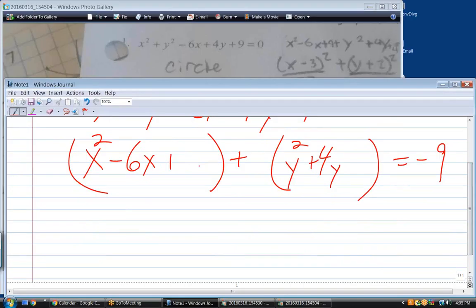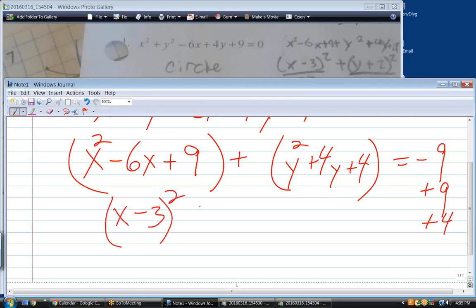What goes here? 9. Which means I have to add 9 over here. What goes here? 4. So I have to add 4 over there. Now I have x minus 3 quantity squared plus y plus 2 quantity squared equals 4.